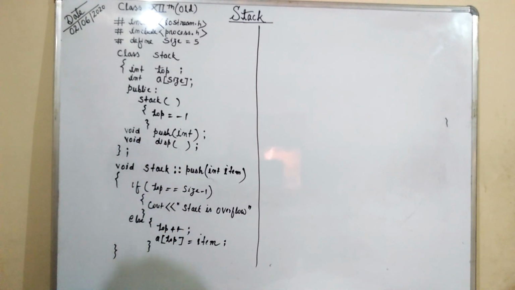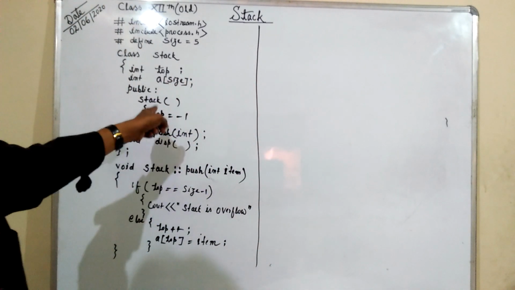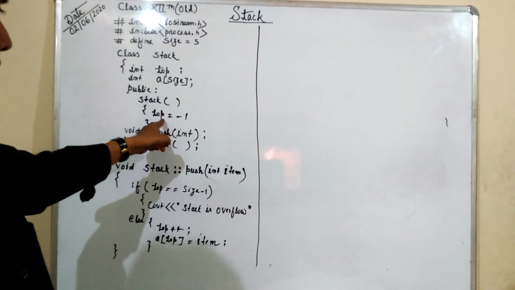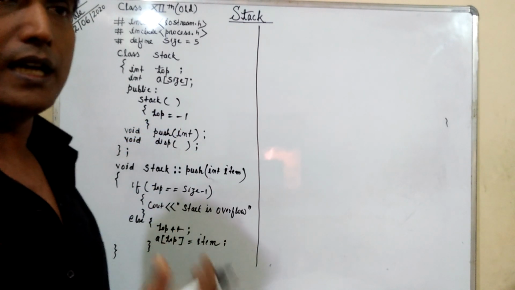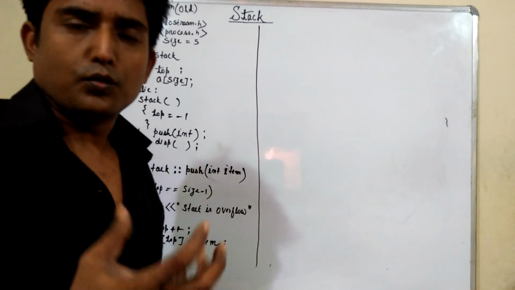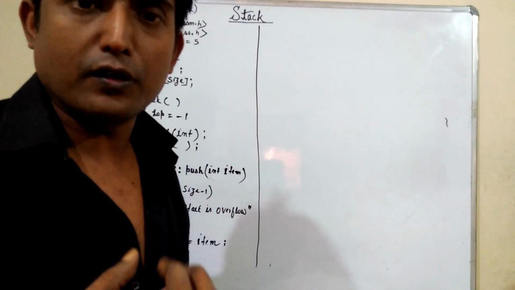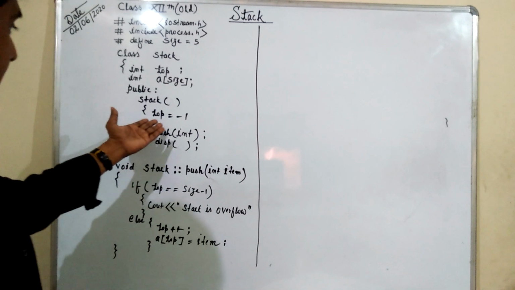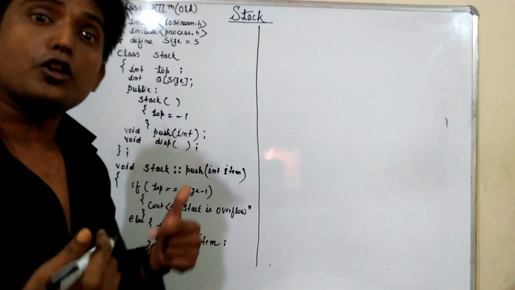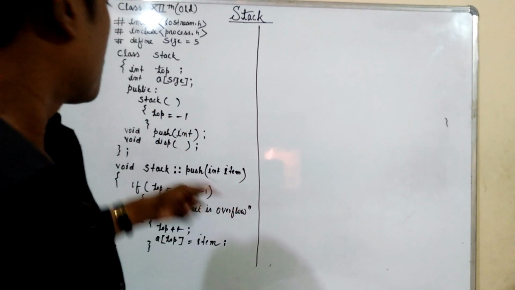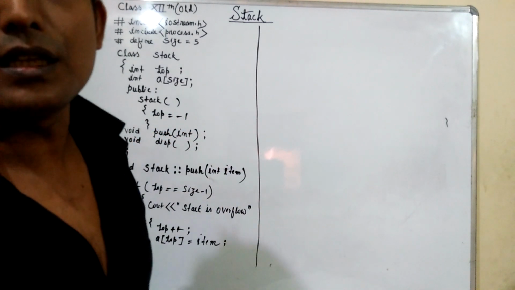So what is the meaning of top plus plus? I have initialized the top, because it will be automatically initialized, as I told earlier. When the object is created for the class, the constructor, a special type of member function, will be automatically executed. So it will be initialized with -1.